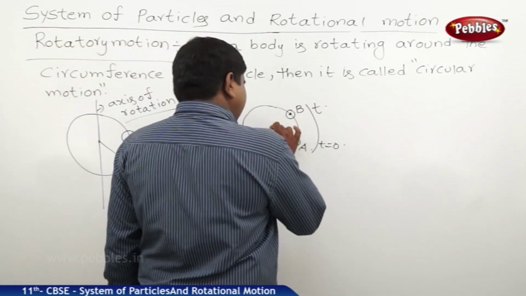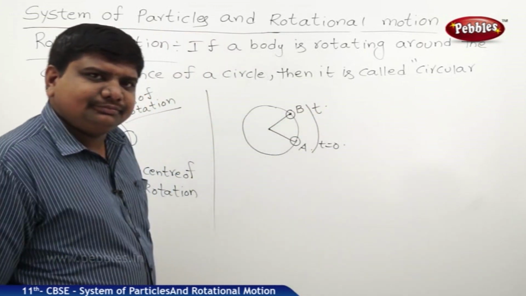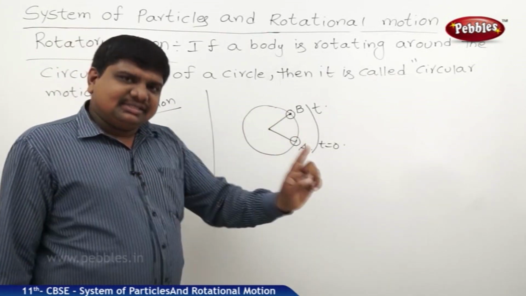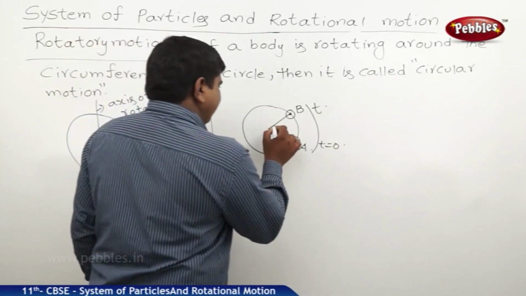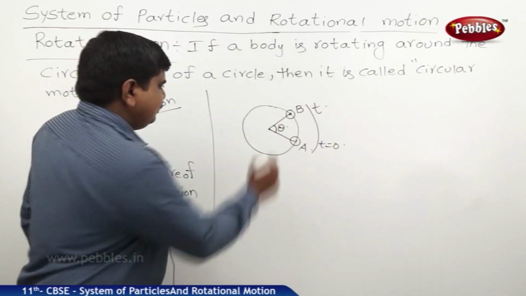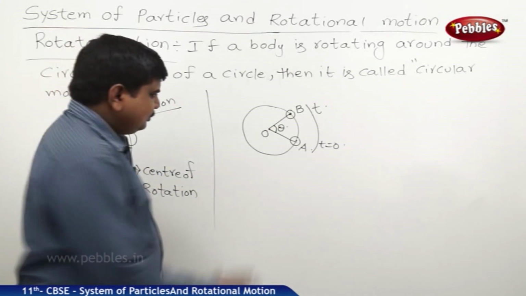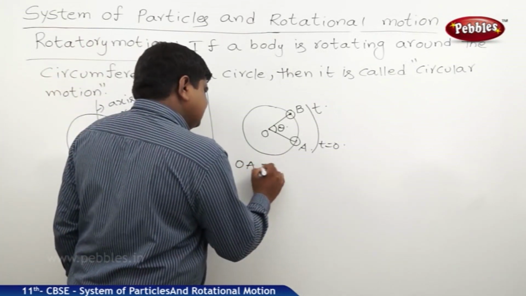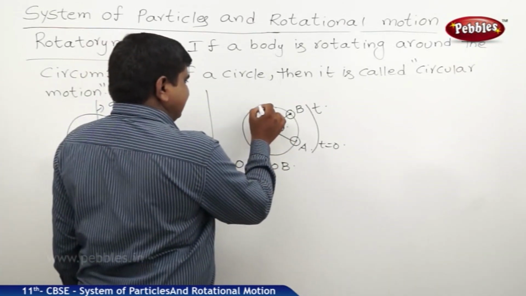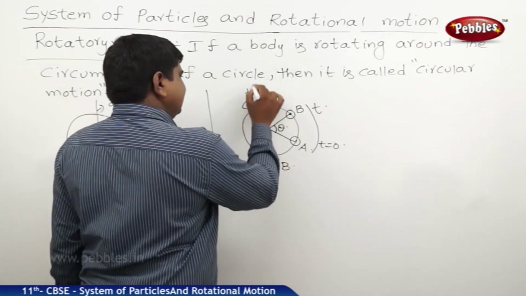So from here I should draw a radius vector and here also I should draw a radius vector. These are the two positions of a body which is executing the circular motion with respect to the origin. Let us say the origin is O. At any time interval, OA is equal to OB. If the time taken is some t dash, again the body will move to C at t dash.